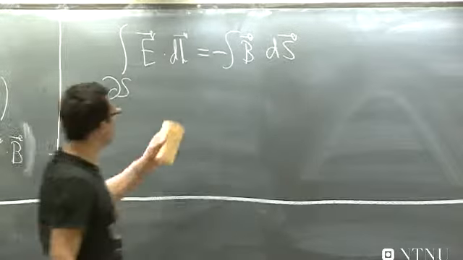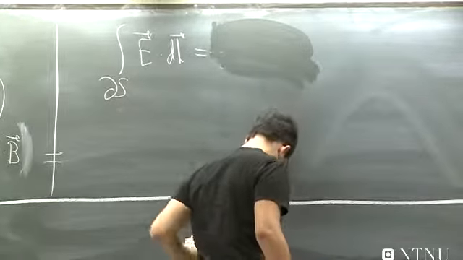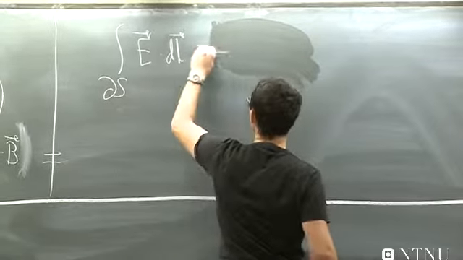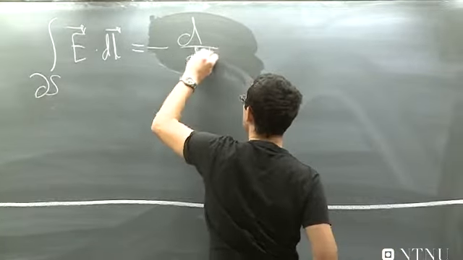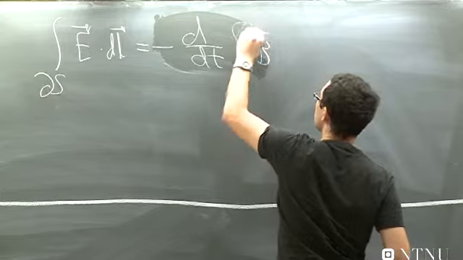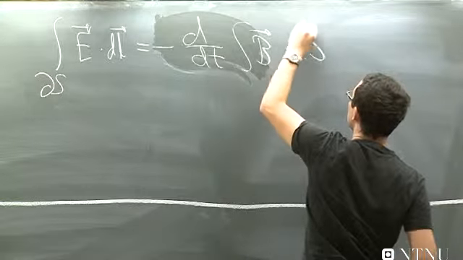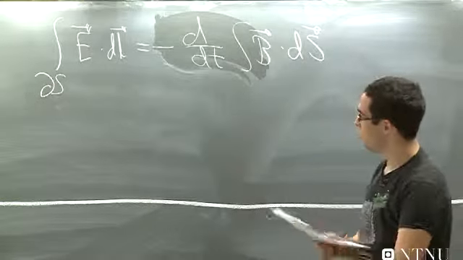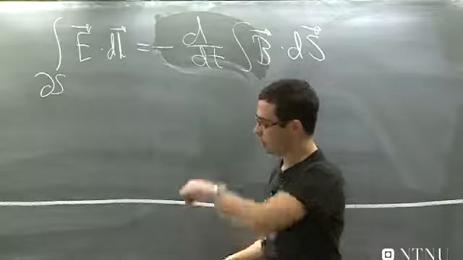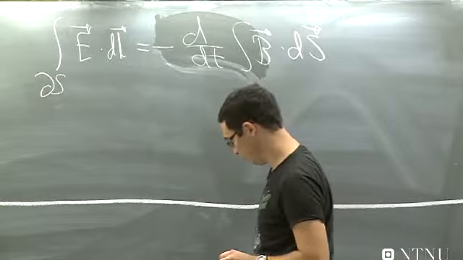So there's the time derivative of the flux here and the electric field integrated around the loop on the other side.